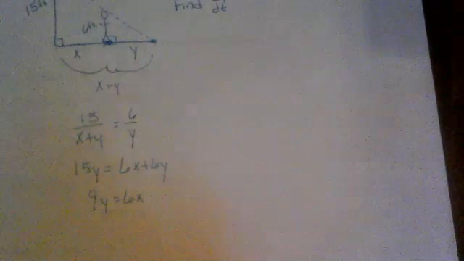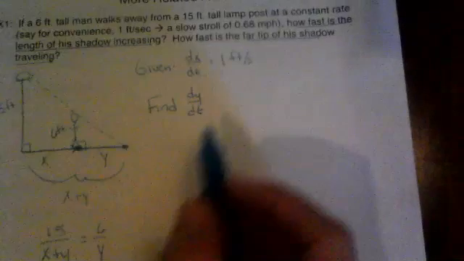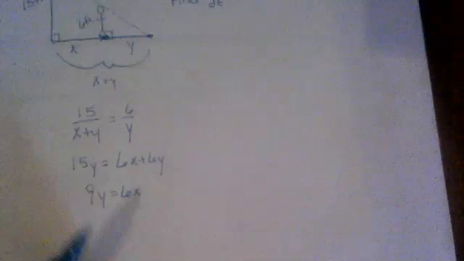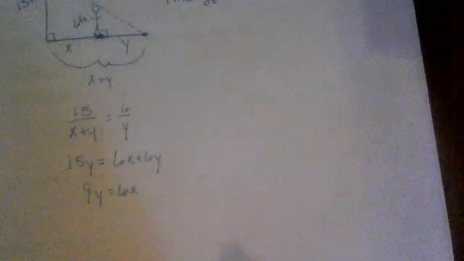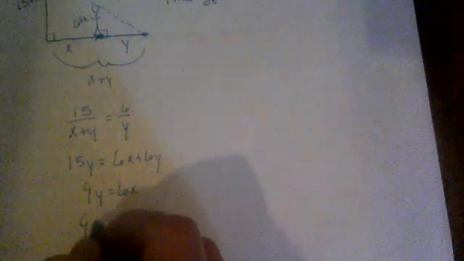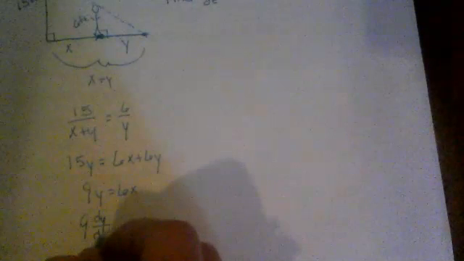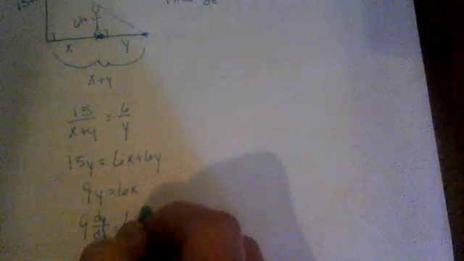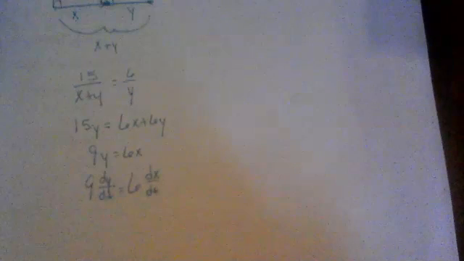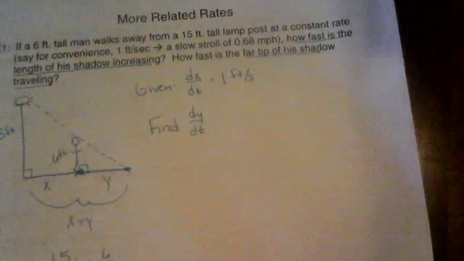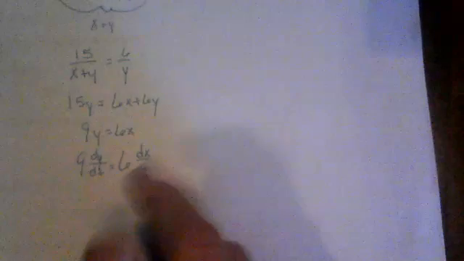I was given one rate of change, and I've got two variables, so I can take the derivative. So I have 9 dy dt equals 6 dx dt. I was given dx dt was 1, so I can plug that in.